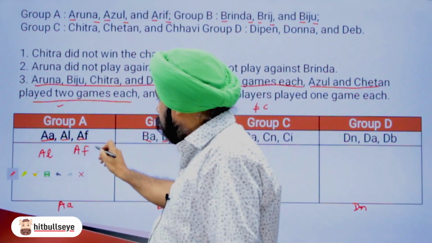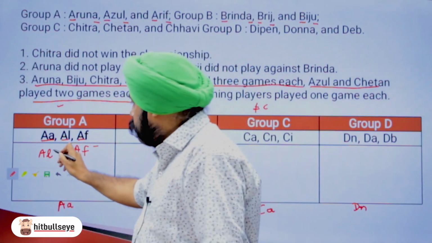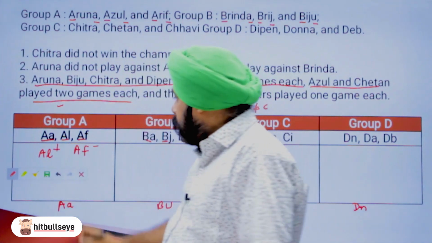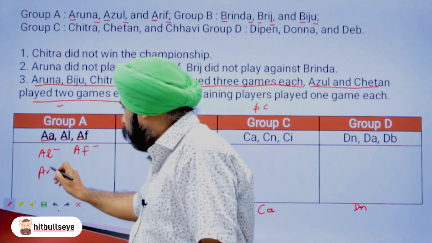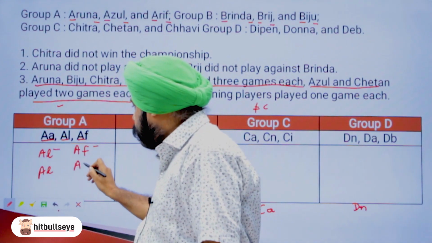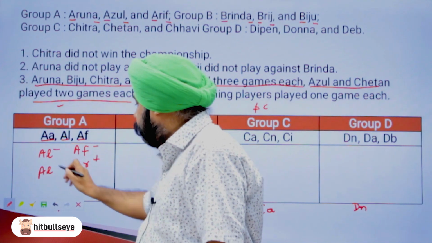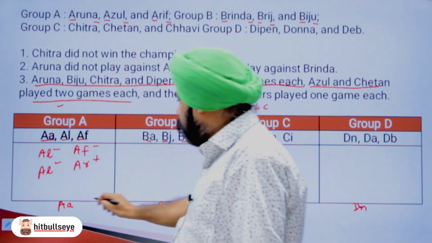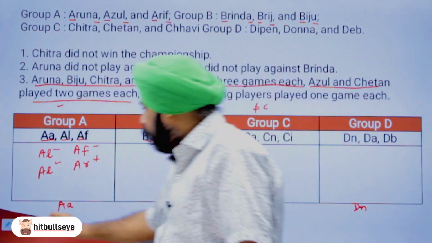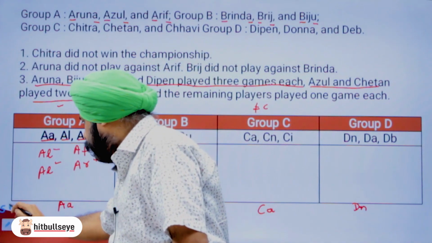So Arif must have lost, I am putting a minus sign. Azul must have won, I am putting a plus sign. Second match, Azul must have played with Aruna. Now, as Aruna has reached the semi-final stage, Azul must have lost it and Aruna must have won it. So, Aruna has won here and reached semi-final. I am writing SF here, semi-final.